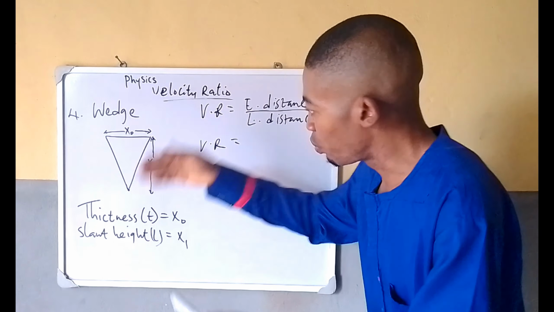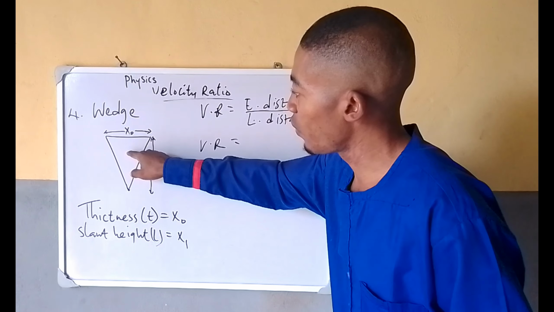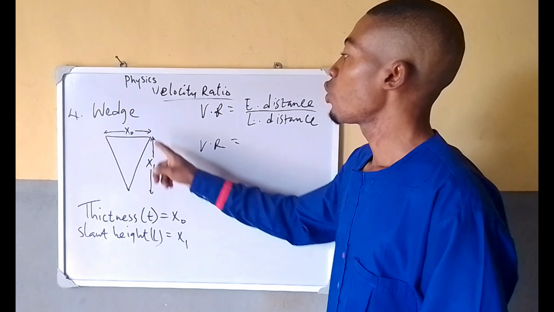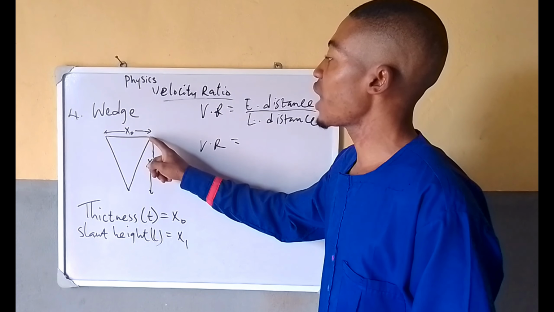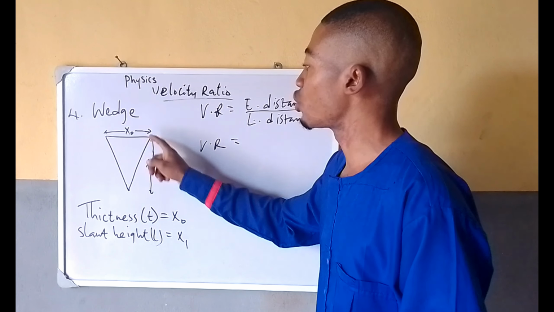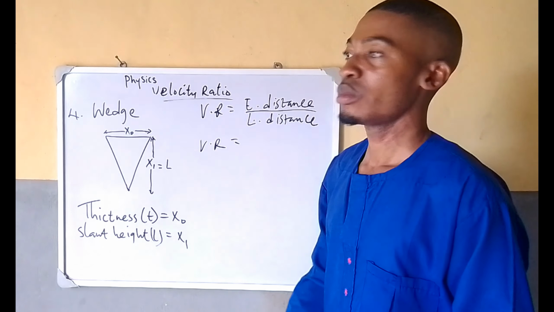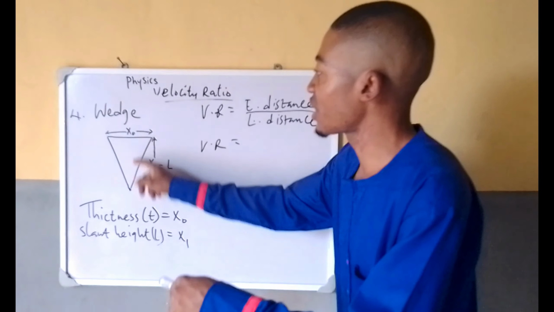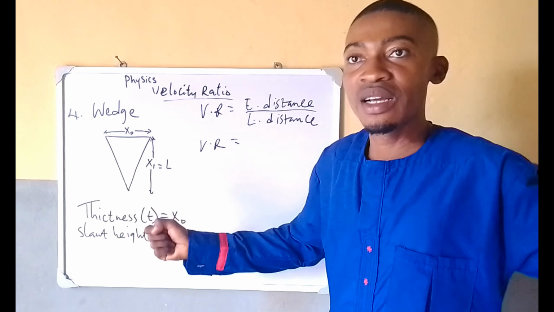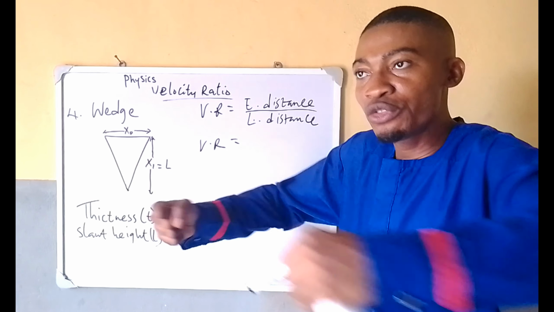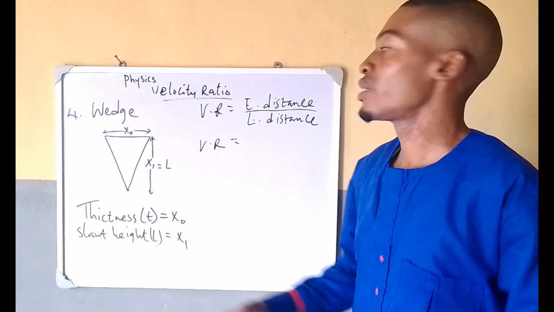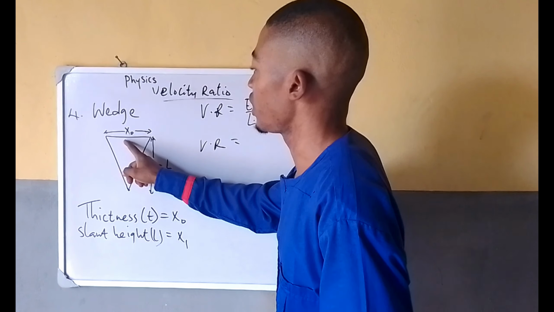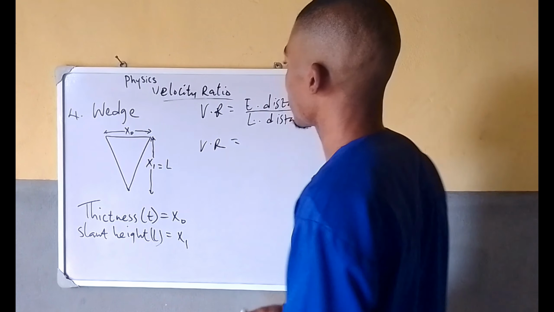By the time you put the wedge inside the firewood, you discover that the effort you've applied is equal to x1, because this is the one that is going into the firewood, is this part. By the time this part goes into the firewood, it now breaks the firewood, makes the firewood move apart. In that case, the distance that the load has moved is equal to the thickness of the wedge.